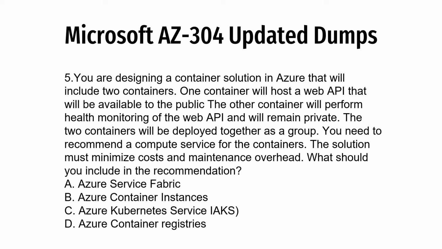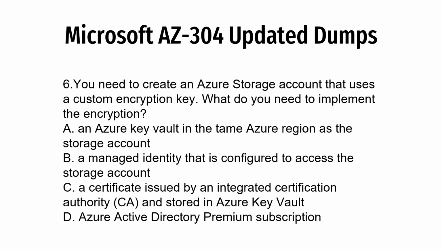The solution must minimize costs and maintenance overhead. What should you include in the recommendation? A. Azure Service Fabric. B. Azure Container Instances. C. Azure Kubernetes Service IaaS. D. Azure Container Registries.